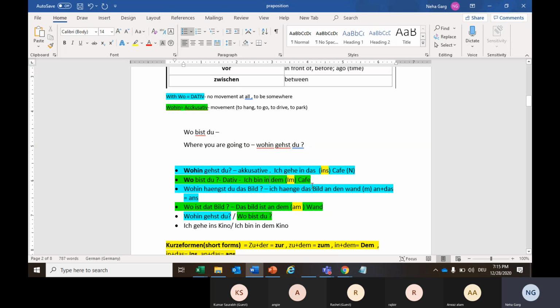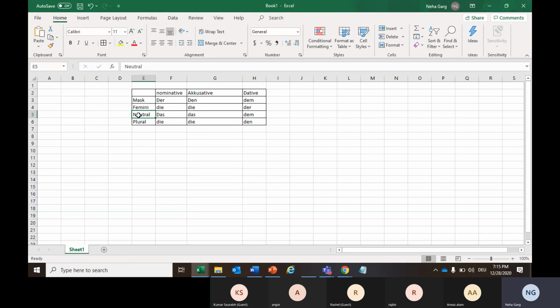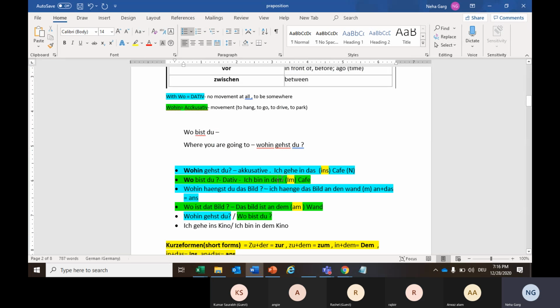I am in the cafe. Here it was in das Cafe, ins Cafe because of the accusative case, but here I would be saying ich bin in dem Cafe oder im Cafe because it's a dative case, and in dative this neuter Cafe, das Cafe, will change to dem. So that is why in dem Cafe oder im Cafe, in plus das is ins, in plus dem is im.